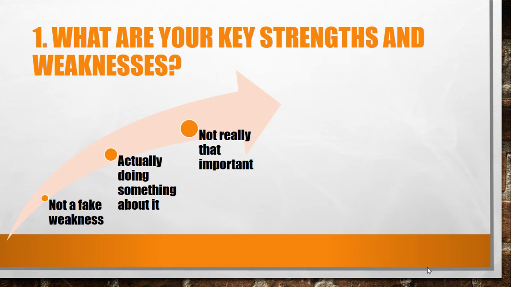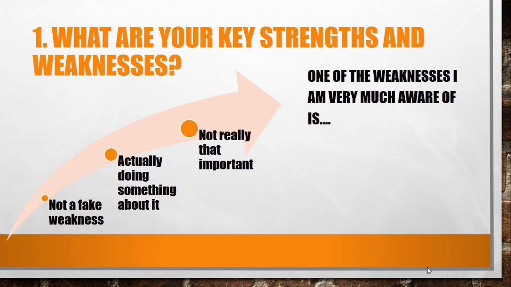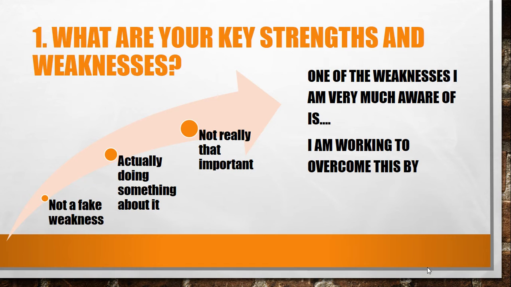So the structure for answering the weakness question is to start by saying, one of the weaknesses I'm very much aware of is, so you're showing that awareness, and then you're giving your weakness. I'm working to overcome this by, so say exactly what you're doing to overcome the weakness.